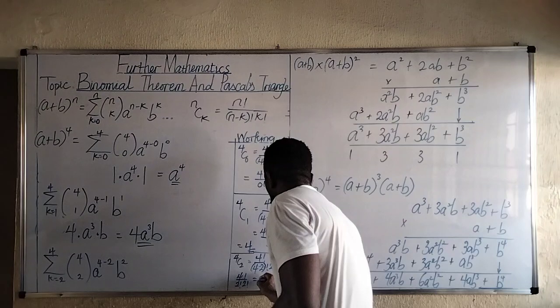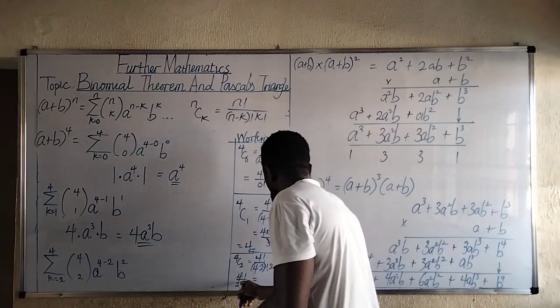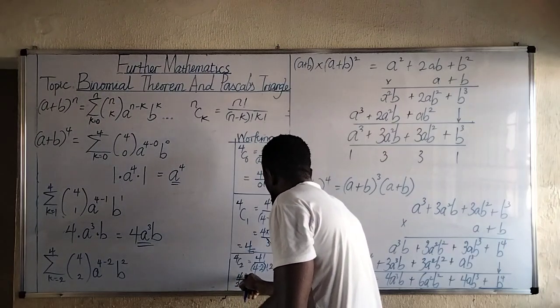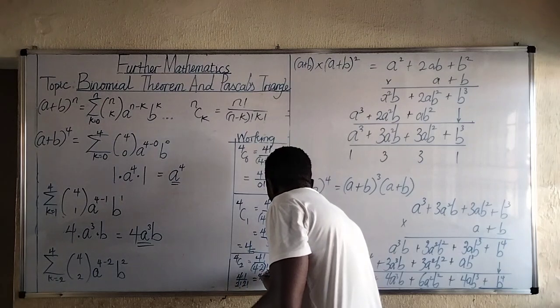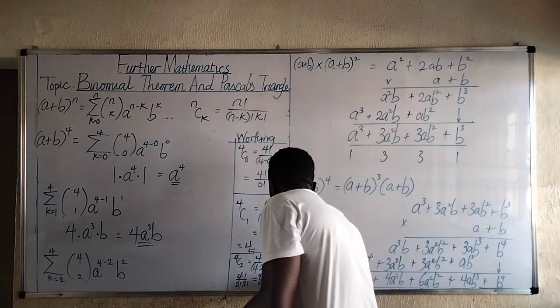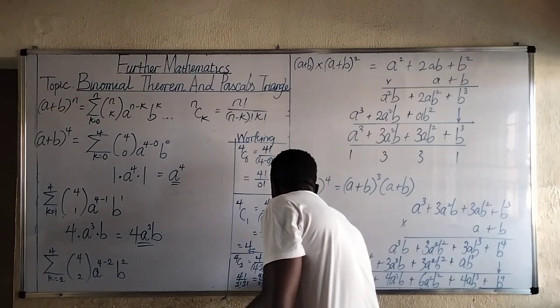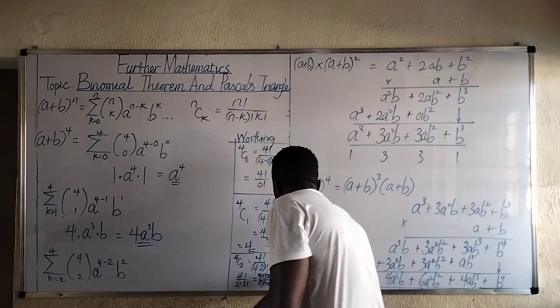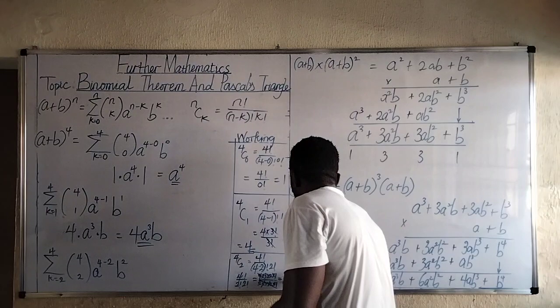So this will give us 3 times 2 because this is 4 and the other one will remain what? 4 times 3 times 2 times 1 all over 2 times 1, 2 times 1 times 2 times 1. Now this is 4, it cancels out this 4. So 3 times 2 times 1 is 6.